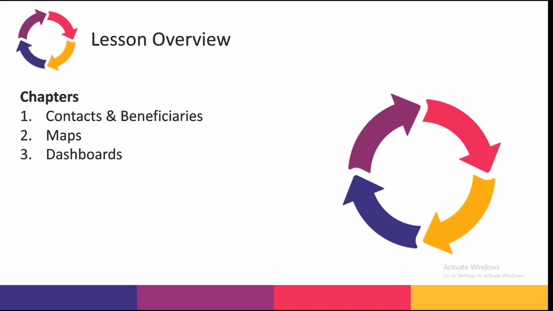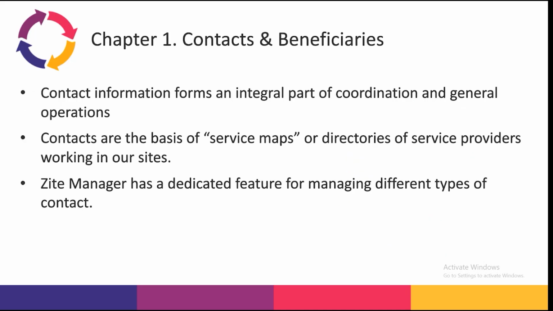Okay, so let's get going with contacts and beneficiaries. Contact information forms an integral part of coordination and general operation. We can think of contacts in Zeit and in CCCM in general as whoever is essentially connected in some level to a site or multiple sites.